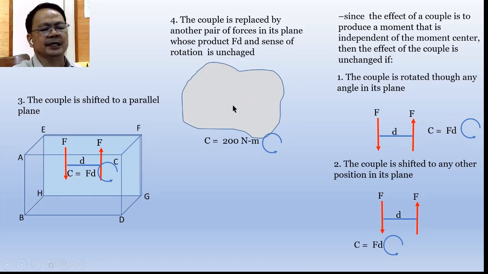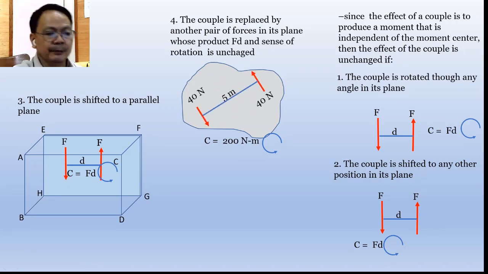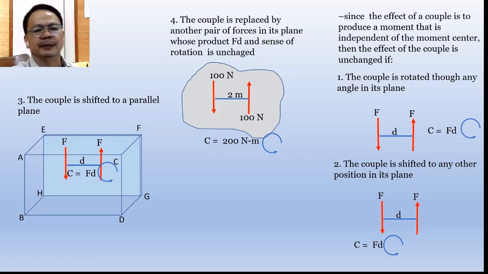Or if we change this with a larger force placed at a closer distance such that you have 200 acting at 1 meter distance, then the effect will be the same. Or even if we change it with another pair, 40 having a distance of 5, the effect will not be changed. And that's how we explain that property of the couple, that the couple will not be changed if the couple is replaced by another pair as long as the product F multiplied by D and the sense is not changed. Now let's move to the other topic about the couple.